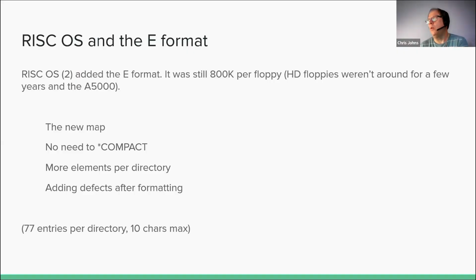One of which was you didn't have to compact the disks. So anybody who used ADFS on a Beeb, or I guess on Arthur, I didn't really use Arthur, but I definitely had it on a Beeb: occasionally there'd be enough space on the disk, but you couldn't use it because it was all split up, and you'd have to compact the disk, which would coalesce all the files towards the front.